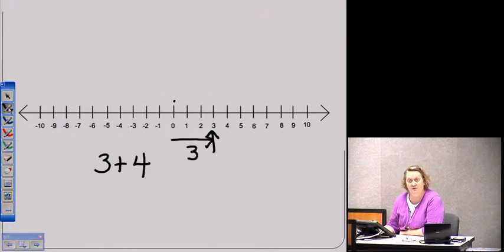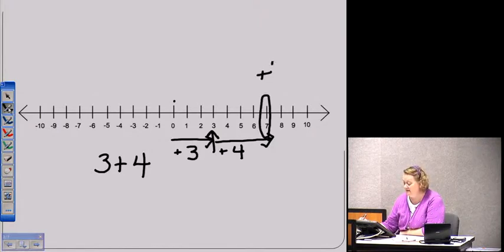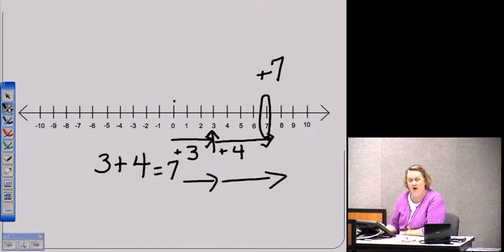And then we're going to count over 4 more units. 1, 2, 3, 4 more units. So that's a positive 3 and a positive 4. And we end up at a positive 7 units. So 3 plus 4 is equal to 7. Notice the signs are the same, that the 3 and the 4 are both going in the same direction, so we find their sum.